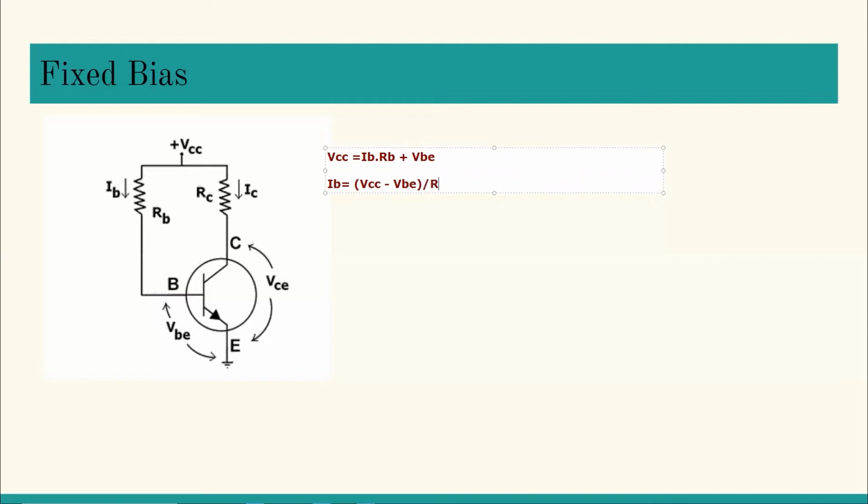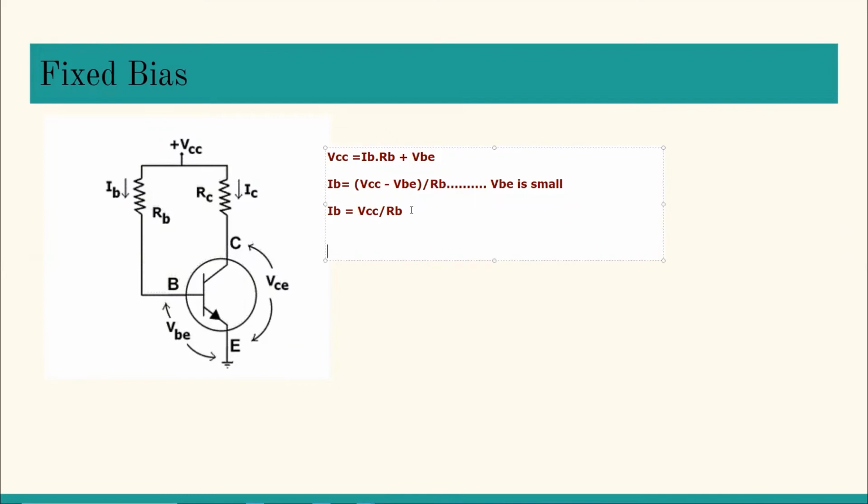I hope this is clear. I have just separated IB. Now, VBE is very small, so we can ignore VBE. So we can write IB is equal to VCC divided by RB. This is going to be the final equation.